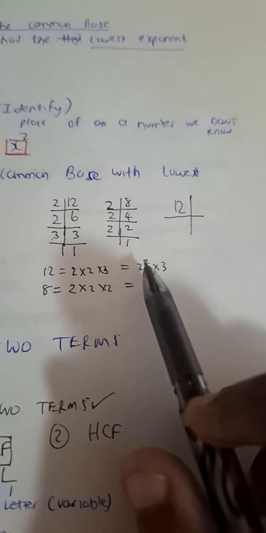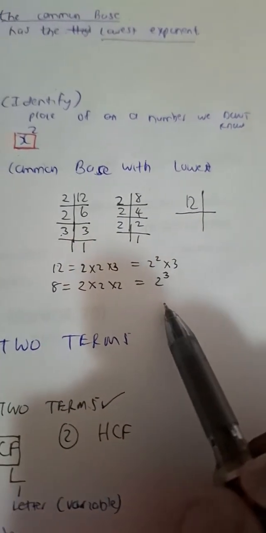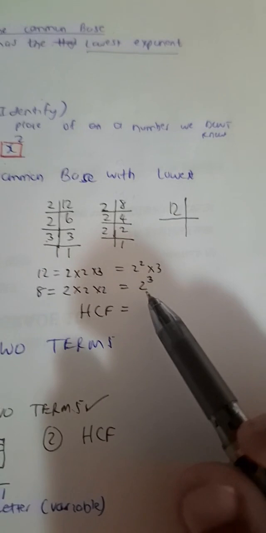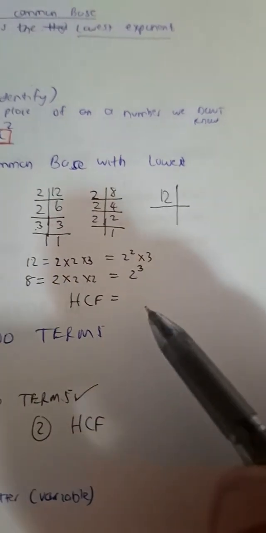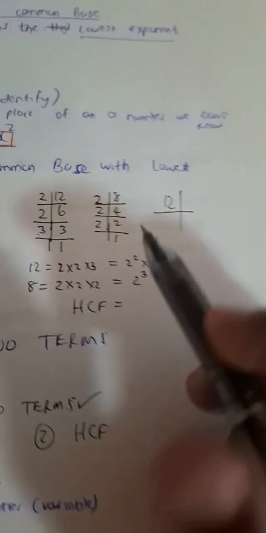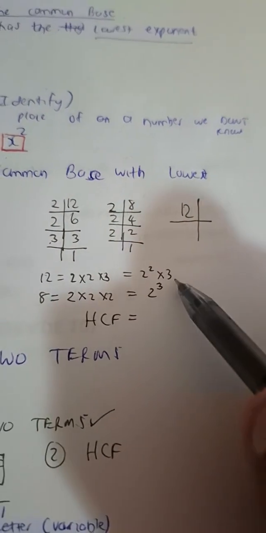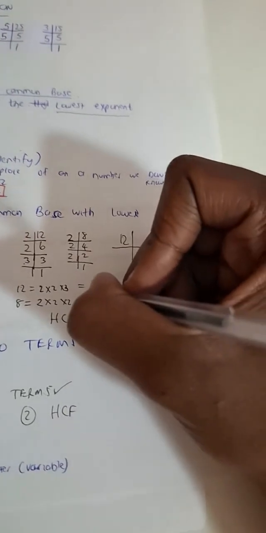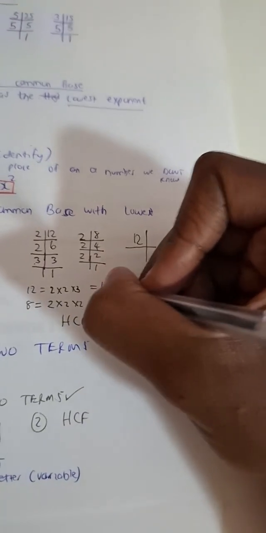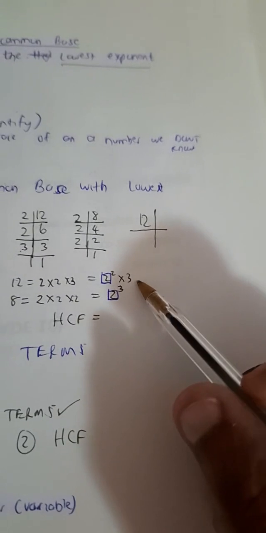Now, when we identify the highest common factor, what did I say to you guys? I said the highest common factor will simply be the common base that has the lowest exponent. So between these two, what is common? It's obviously base 2. Is base 3 common?